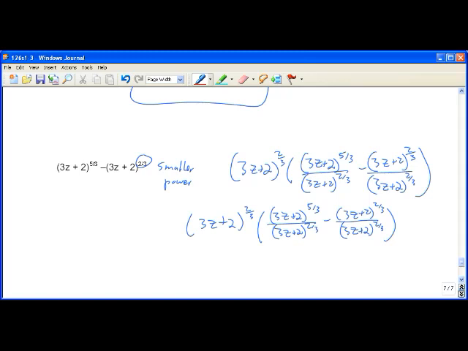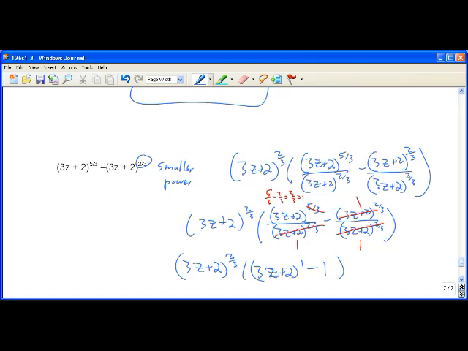So in the first, (3z plus 2) to the 5/3 over (3z plus 2) to the 2/3, think of this as 5/3 minus 2/3 is 3/3, which is 1. And then (3z plus 2) to the 2/3 over (3z plus 2) to the 2/3, that's just going to give us 1. So our result is going to be (3z plus 2) to the 2/3 gets factored out, and what's left inside? (3z plus 2) to the 1 power minus 1.